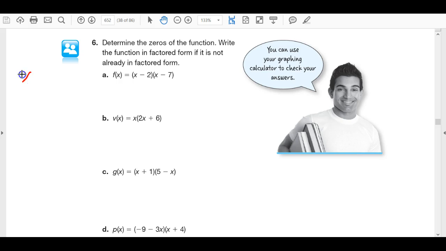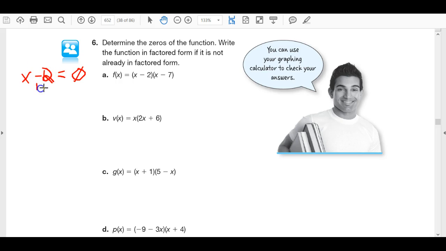So I can just say x minus 2 equals 0. I'm asking myself what x would have to be equal to in order for this to be equal to 0.